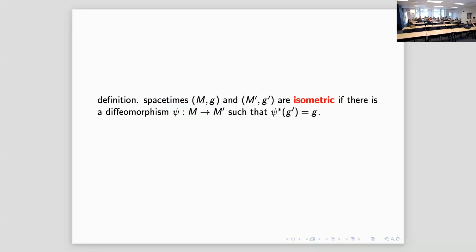And now, this is the main definition that I'm going to be using throughout my talk today. Spacetimes (M, g) and (M′, g′) are isometric if there is a diffeomorphism from M to M′ such that when you pull back g′ to M, it just is g.